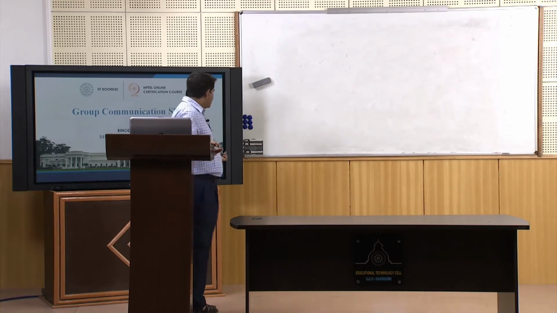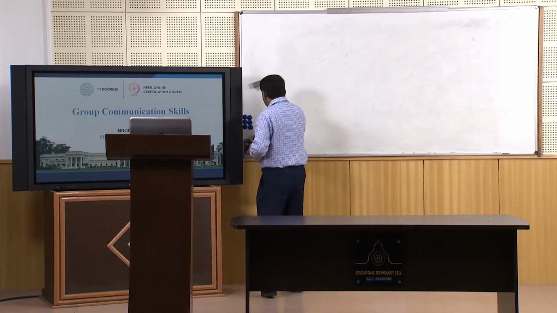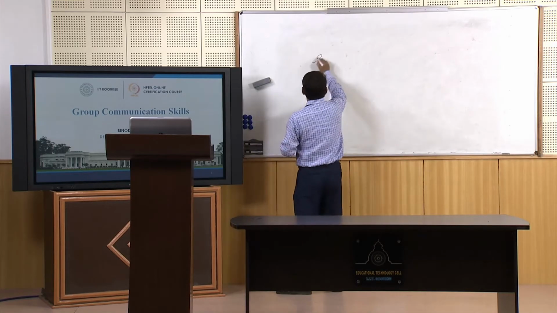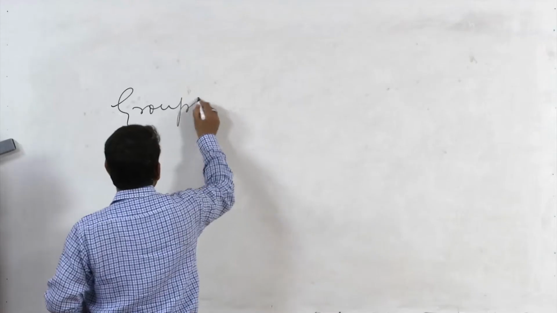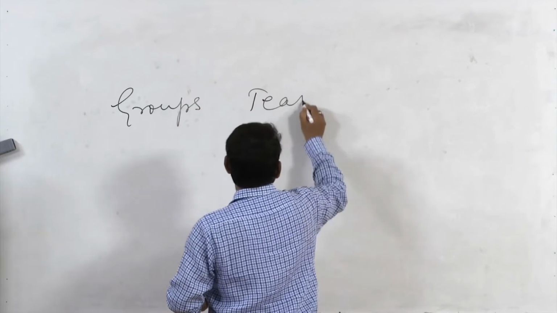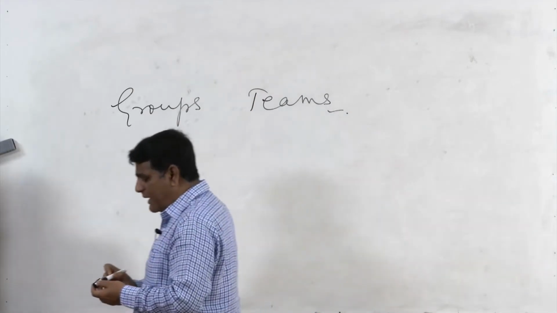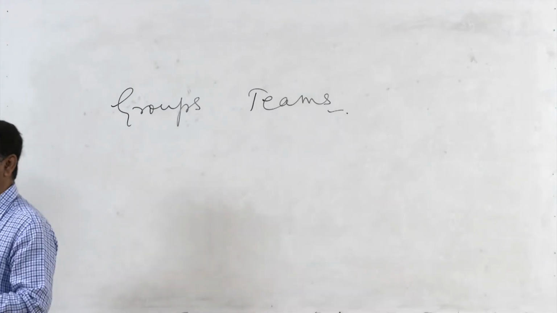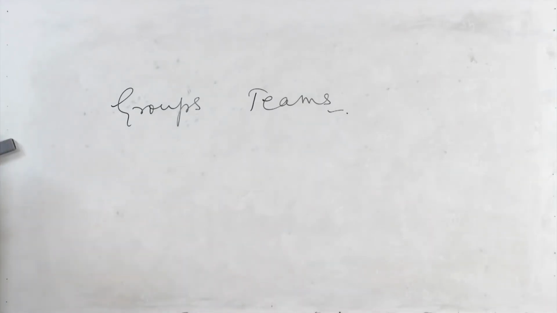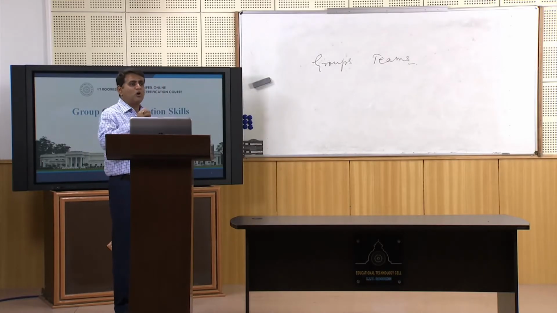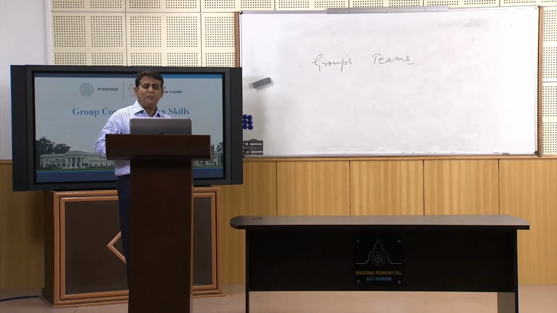Since at times people often interchangeably talk of groups as well as of teams, here we also ought to understand the basic differences between groups and teams. We have already talked about how a group is a collection of people and how they have a common purpose, a common goal.